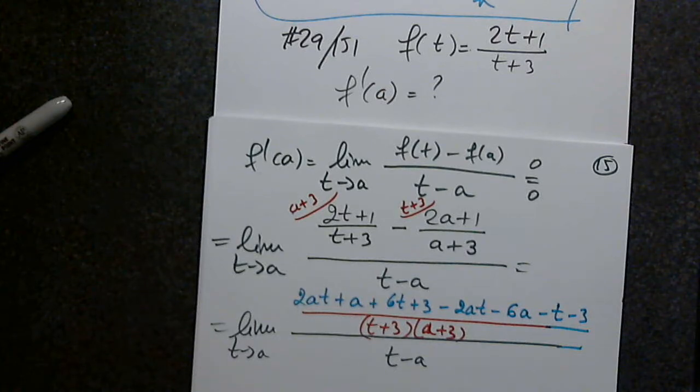We're looking at the difference quotient. 2 things have to happen. What is the first thing that has to happen? Otherwise, I know I have an error somewhere. All terms without t and a have to go away.